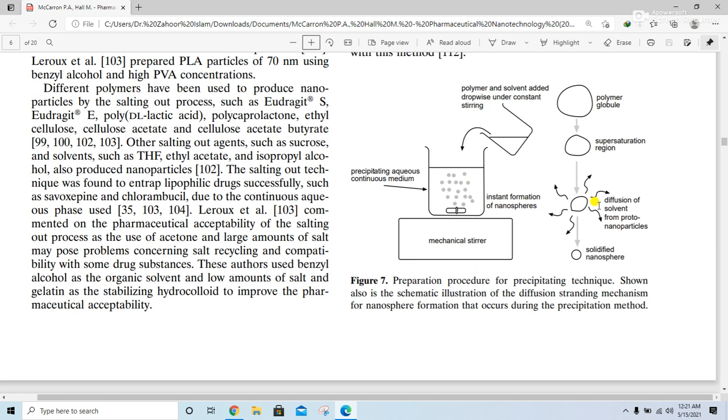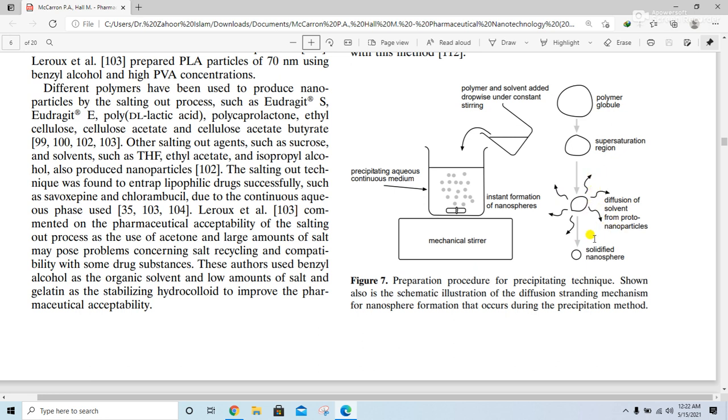So when the polymer and solvent are added dropwise under constant stirring, there will be supersaturation regions, and diffusion of the solvent occurs from the proto nanoparticles. Now you can see this is called diffusion of solvent.